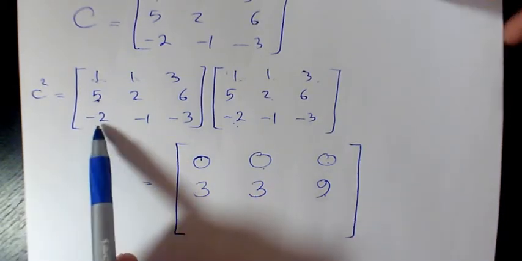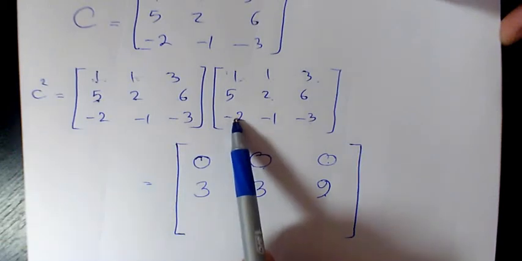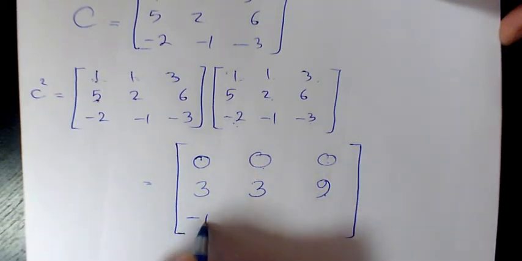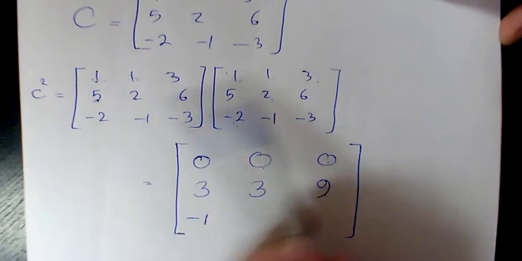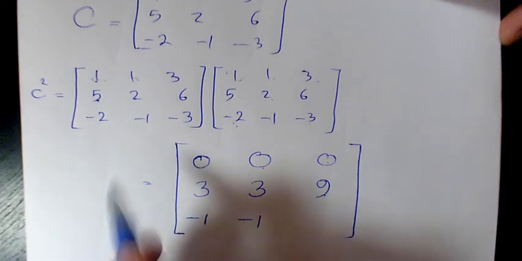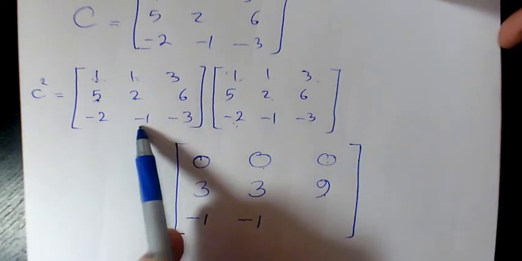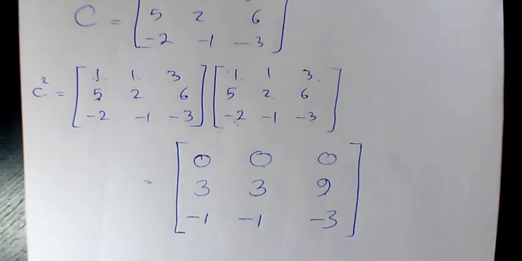Then you have negative 2, negative 5, and 6, which is negative 1. Then negative 2 and positive 3, negative 1. Negative 6 and positive 9, which is negative 3.